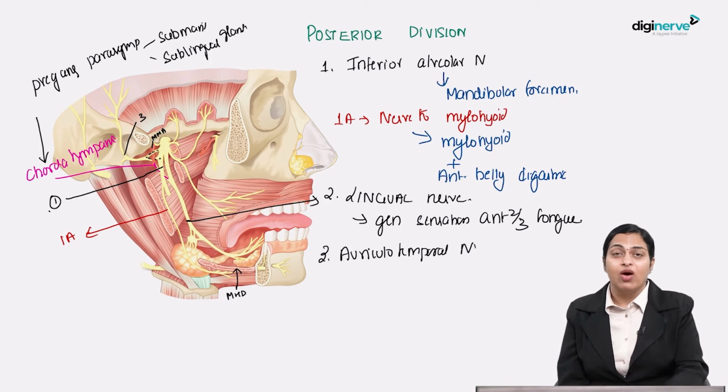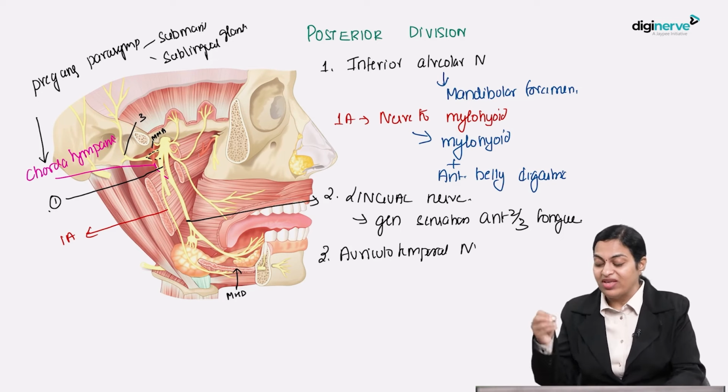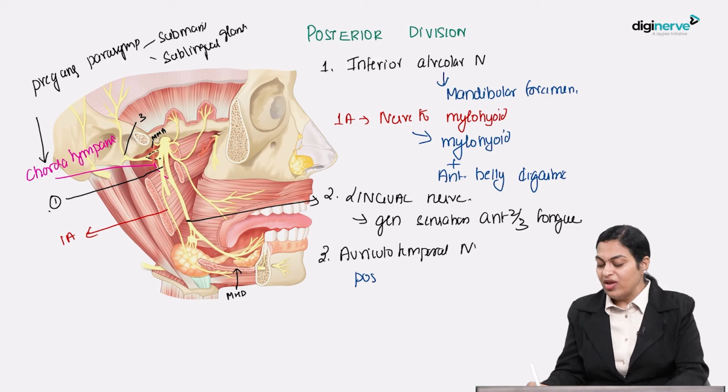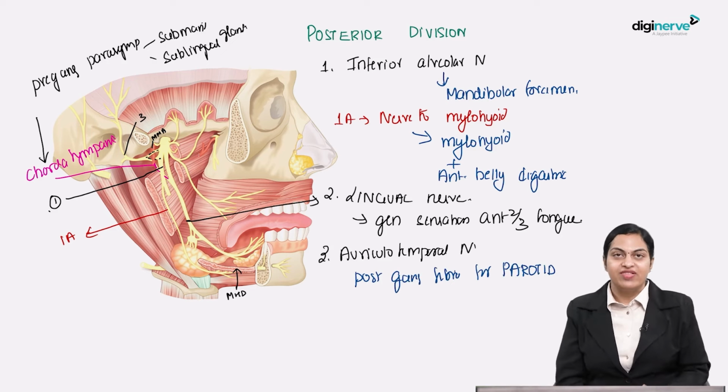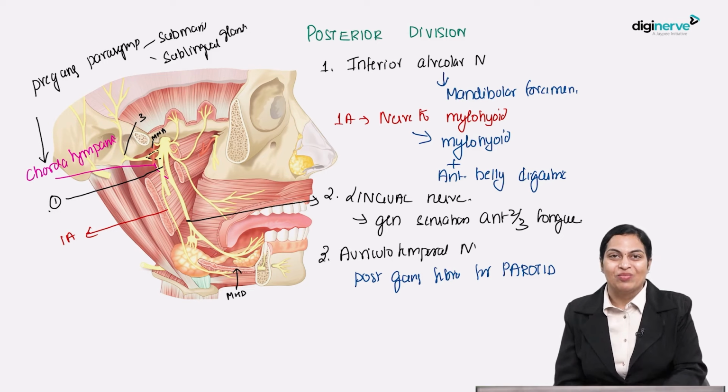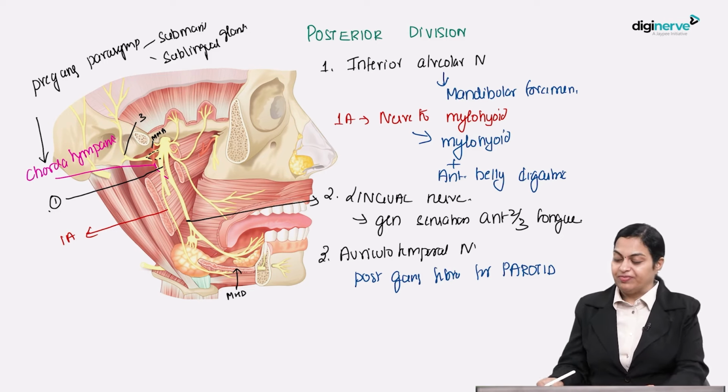It supplies the auricle, but most important, please remember, it carries the postganglionic fibers for the parotid, right? So, if you go to the head and neck session, the same topic on the mandibular division of trigeminal nerve, we would have talked about Frey's syndrome, isn't it? Yeah, any details you need, please refer to that session.